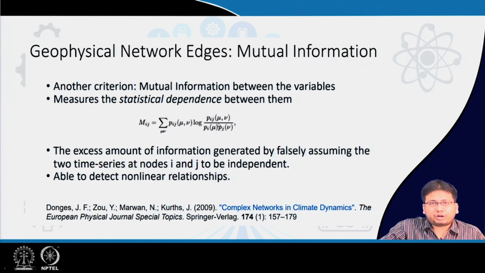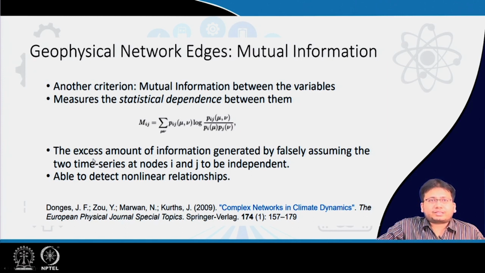But if that is not the case, then this will be some non-zero value, and accordingly we will have some value of the mutual information. In general it can be shown that when the variables are strongly related to each other, then the mutual information will take some non-zero value, and if they are independent, of course, as we saw, then the mutual information will be 0.